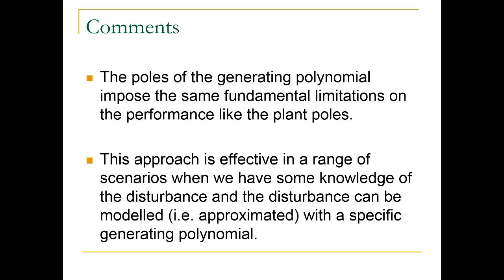Just a few comments. Whenever we introduce this generating polynomial, we can think of it as part of the extended plant. So it's really like we are augmenting the plant model with some extra poles that are right on the imaginary axis. Now these poles on the imaginary axis may create problems in terms of fundamental limitations, what is achievable.